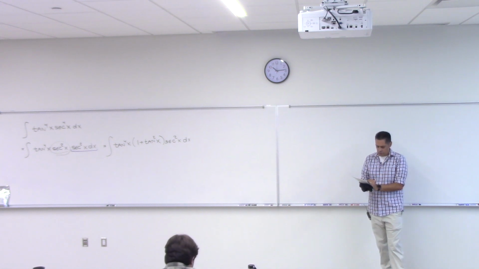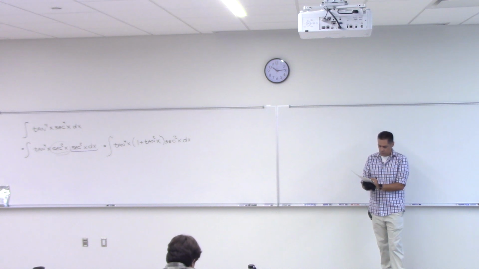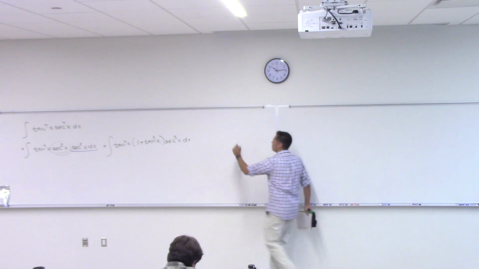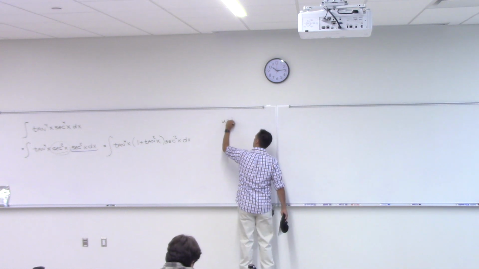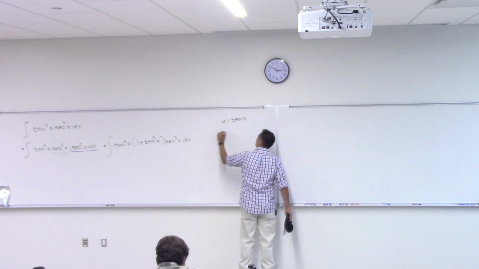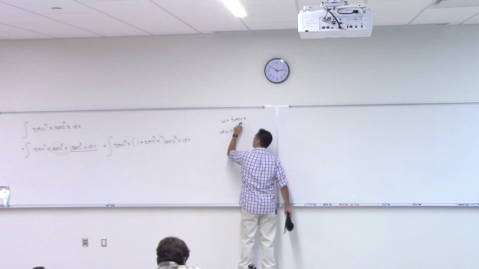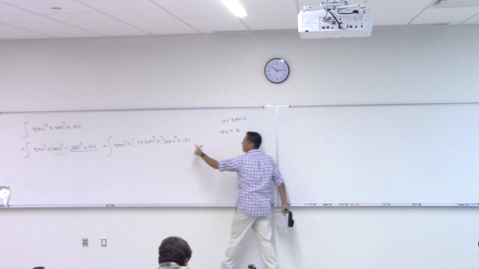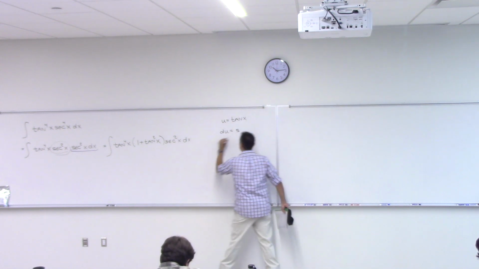George, what's our sub? Okay, so use tangent here. What's the derivative of this, George? Yeah, that's right. That's exactly why we're doing this, because there's its derivative.